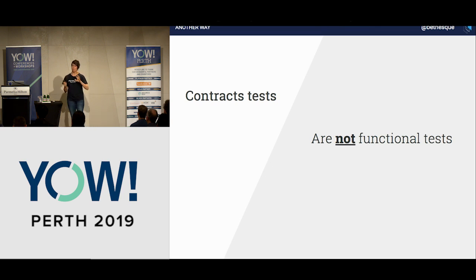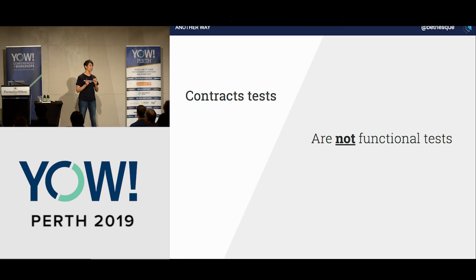So here's a quick example of the difference between a contract test and a functional test. Imagine I have an API where I am sending a post to a collection to add a new object. A contract test says, hey, when I send you this payload, I expect this kind of response and this payload back. It doesn't say, hey, did you actually add this item to your data store?